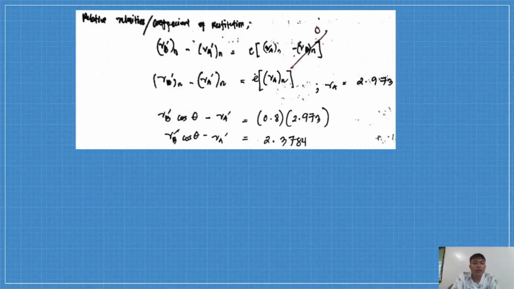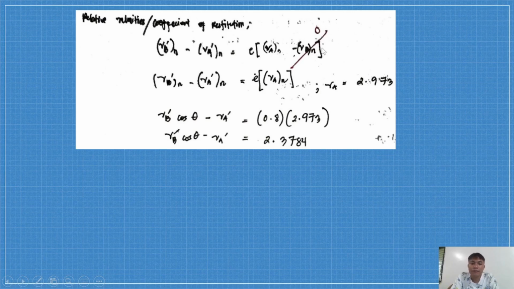Now, to consider the relative velocities, or the coefficient of restitution, as discussed previously in our class and in the video that was sent, this is the formulation of our coefficient of restitution. vB with an apostrophe n minus vA apostrophe n is equal to e times vAn minus vBn.